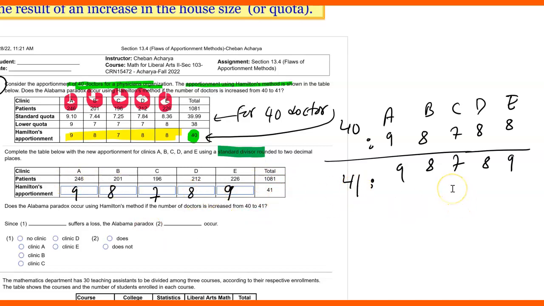Now let's compare. Does any group lose a seat? 9 and 9, 8 and 8, 7 and 7, 8 and 8, 8 and 9. Notice that the quota for E increases, but none of the groups loses a seat. If this happens, there is no Alabama paradox.